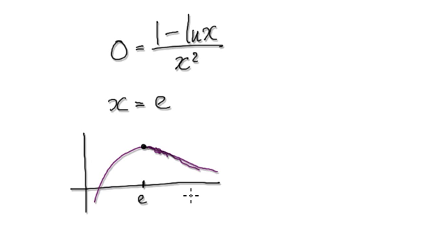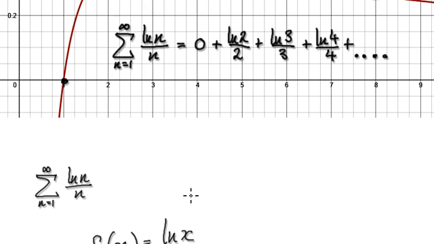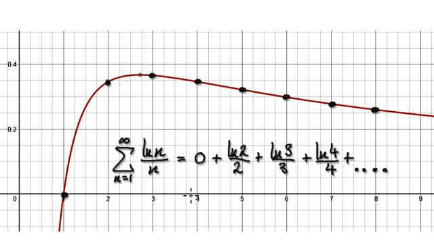So e is around about 2.7. Beyond e, we know that the gradient will be negative, meaning that the function is going downhill.